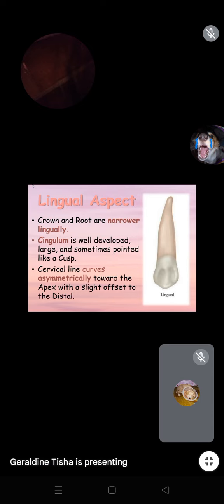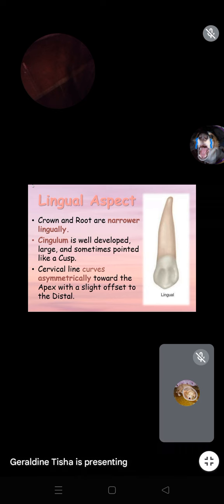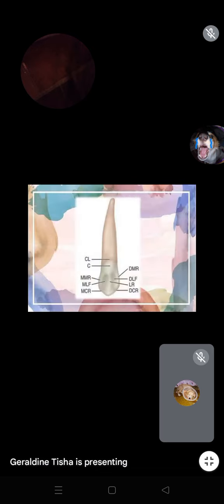The lingual ridge, Doc, is what separates the distal and mesial fossa. Okay, any other information to add, from the reporters or from the class? Never mind the landmarks. If you can have that in your laboratory, you can proceed to the next aspect.